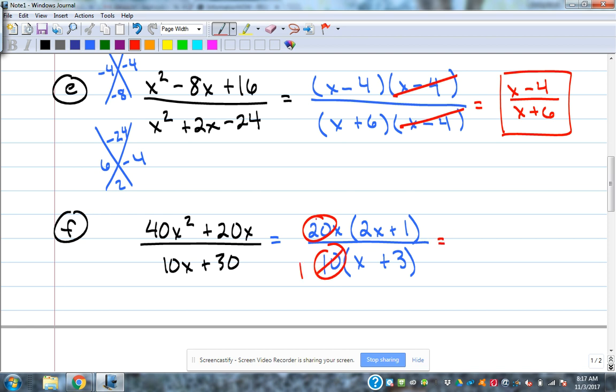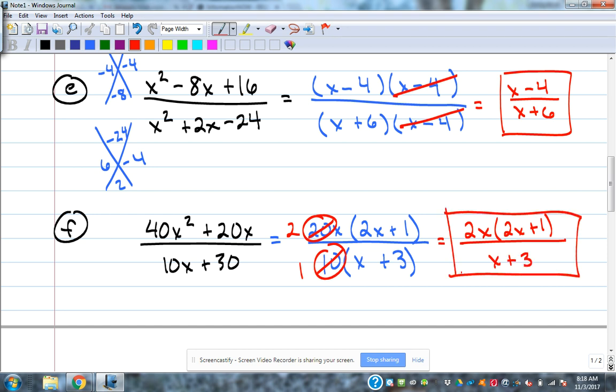Yeah, 10 goes into itself once and then 20 twice, right? So that leaves us a final thing of 2x, parentheses 2x plus 1, over x plus 3. And today, and probably for the next couple of days, we'll leave them in factored form. You usually don't have to multiply it back out once you've simplified it, just leave it in the factored form like that.